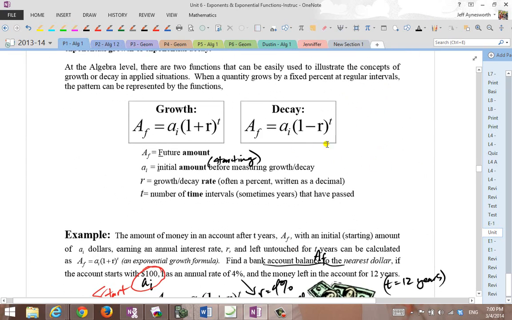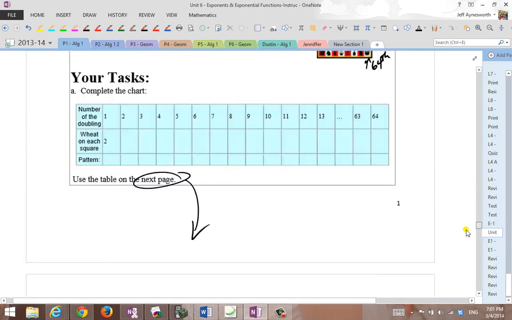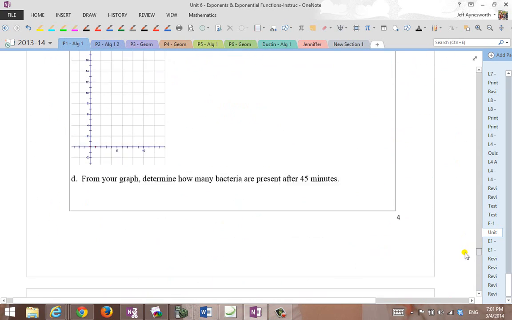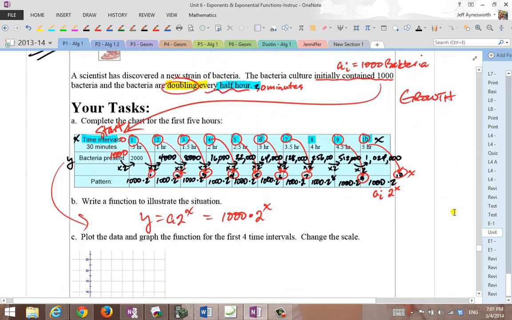The growth function is always the future amount, a sub f, is equal to the initial amount, a sub i, times 1 plus r, where r stands for, look right here, growth rate, to the t power, where t is the number of time intervals. Okay, so let's go back to our lesson here and let's write that down. Always use your notes to your advantage, okay? Meaning that you look at them in the past and use them in the present.